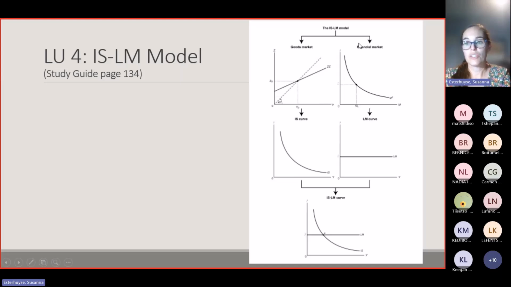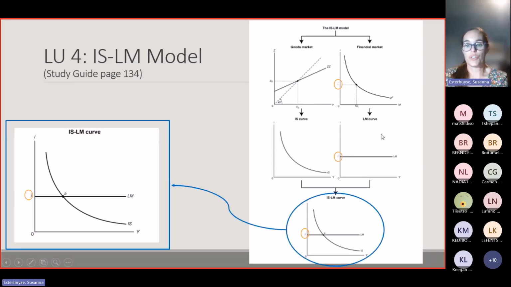And then this week, I again showed you your financial market. We looked at the formula as well as the diagram, and we then said that from there the LM curve is based on the interest rate as set by the South African Reserve Bank. So this interest rate value and this value are the same.